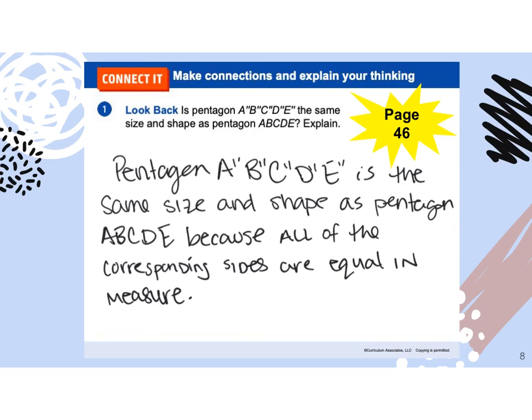Period. I could have also measured the angles, but we don't have our protractors and everything, so we'll just stick to side lengths.